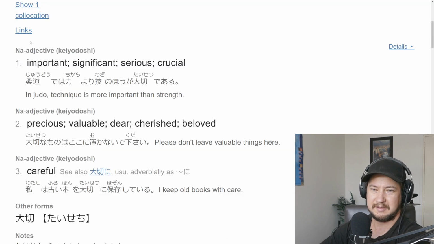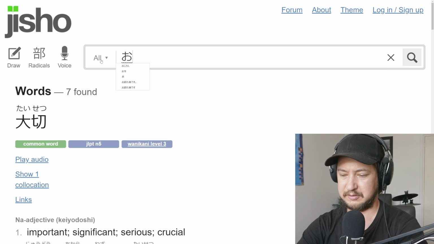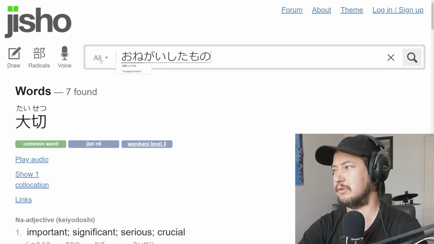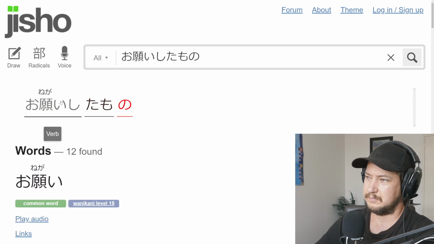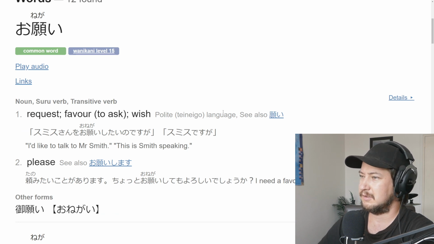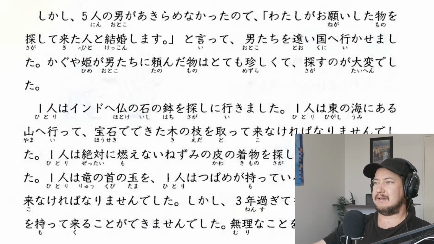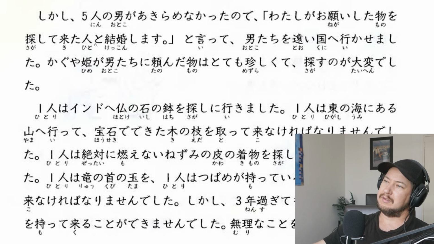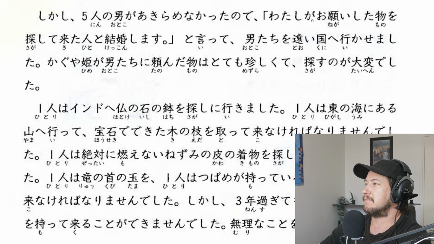Basically, the way it's put together, it sounds a bit strange in English, but I'll see. お願いしたもの, request. 来た人と, it's kind of weird. It's a weird sentence. Okay.